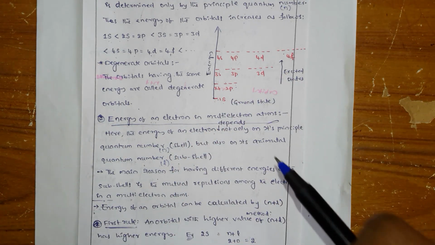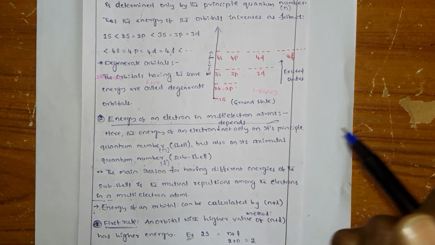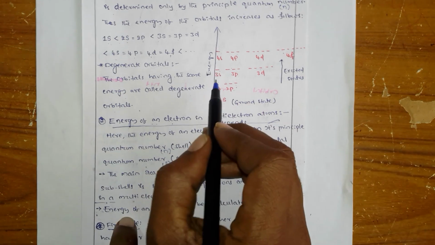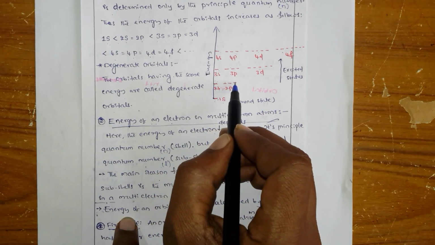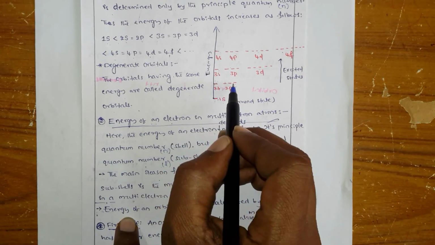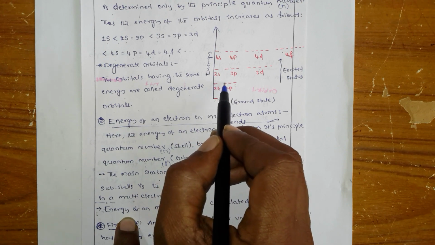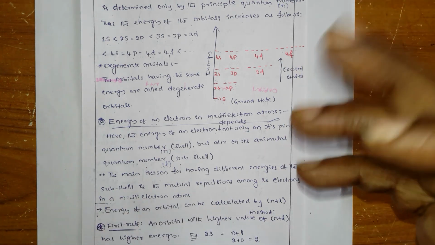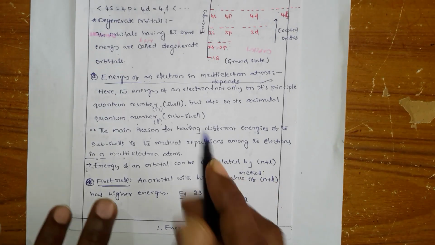The stability changes. When they repel, the stability changes. Earlier, the stability of all the orbitals was the same, the energy was the same. But now, when the electrons in two different orbitals started repelling, what will happen? The energy changes.